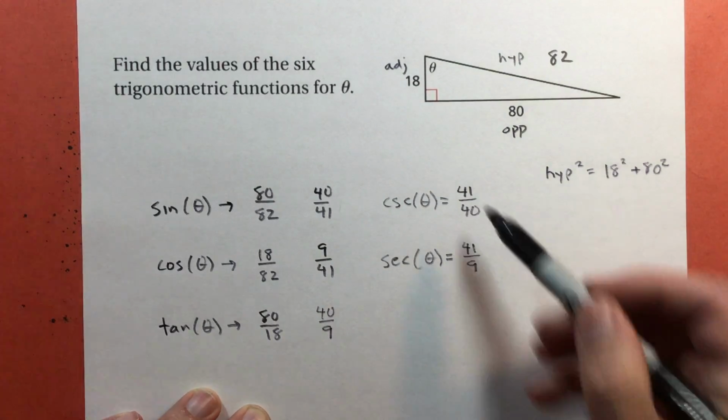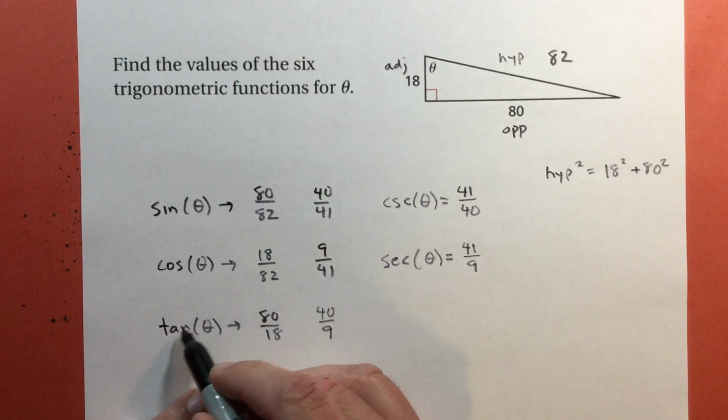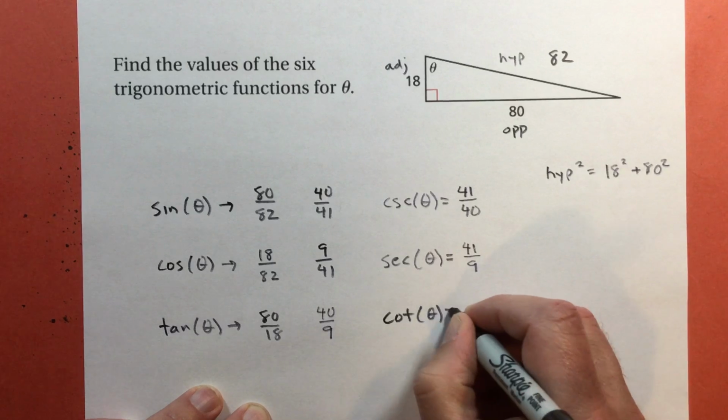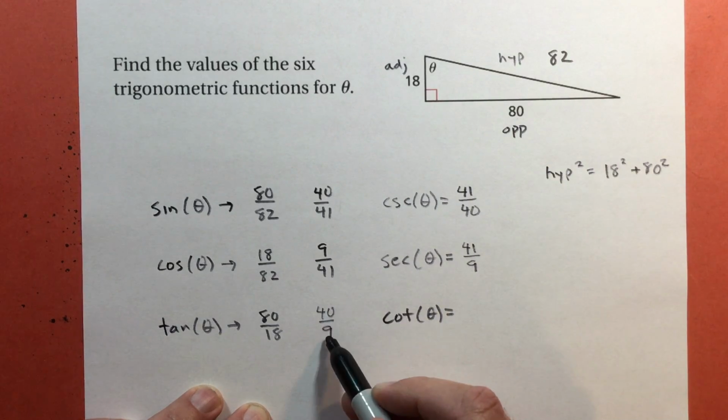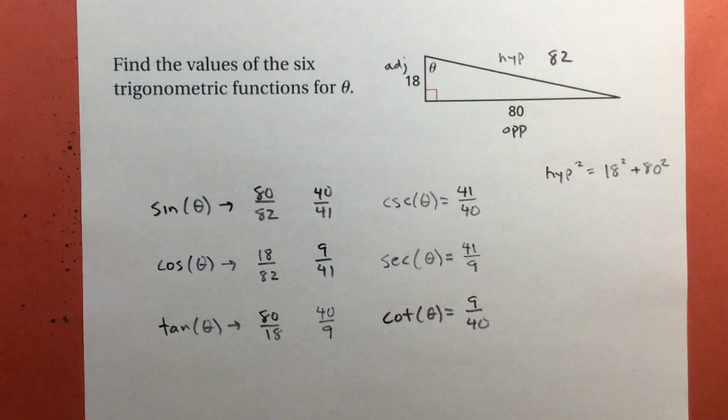And again, just like this one and just like this one, you can leave it as what they call an improper fraction. The reciprocal of tangent is cotangent. The reciprocal of 40 over 9 is 9 over 40. And there are the values of the 6 trig functions for that angle theta. We'll see you in the next video.